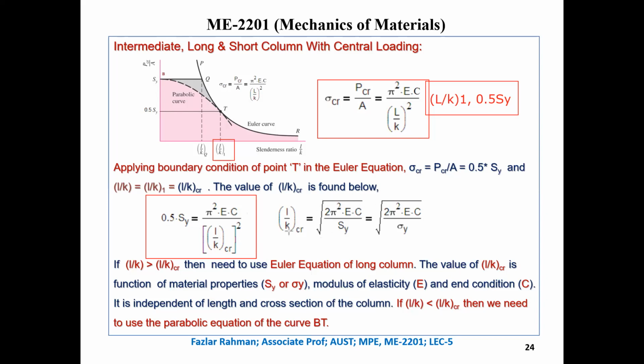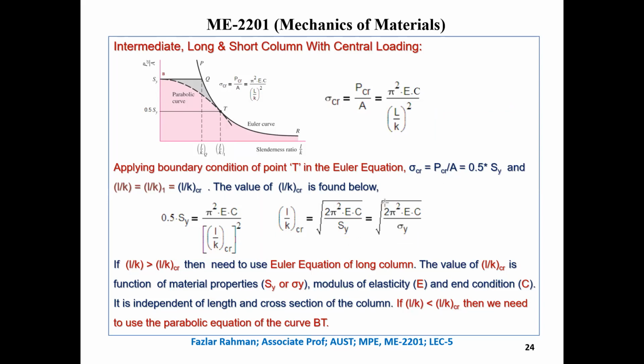Just rearrange the equation, and instead of SY, I just put sigma Y. And this L by K, if you look carefully, you see that 2 pi square is a constant. E is a constant. End condition is a constant. Sigma Y is a constant. So this L by K critical does not depend on the length of the column. It only depends on the end condition and the material property, right?